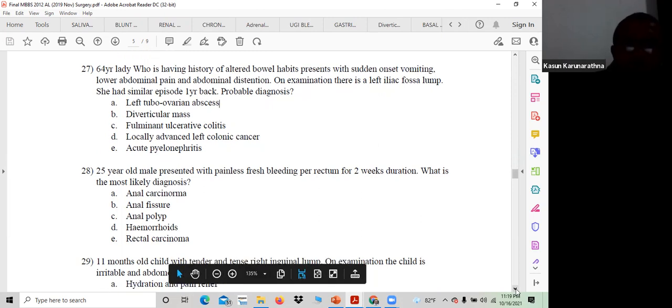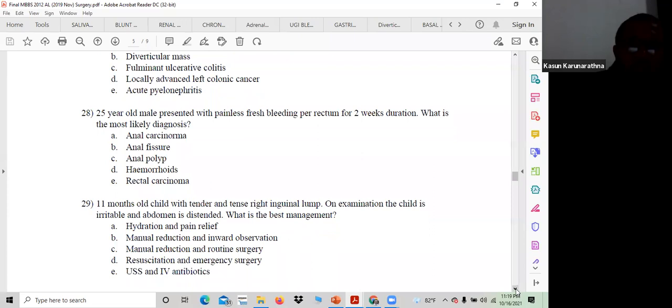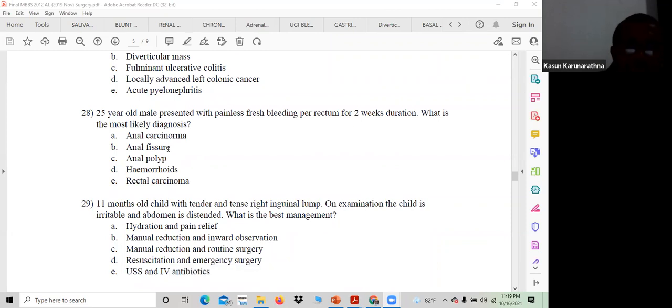A 25-year-old male presents with painless fresh bleeding per rectum for 2 weeks duration. What is the most likely diagnosis? What is the answer for 28? Yes, painless bleeding. Most of you have answered hemorrhoids. With anal fissure, it's painful. Rectal carcinoma, again, they haven't given the DRE findings.